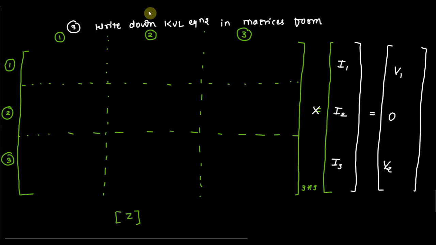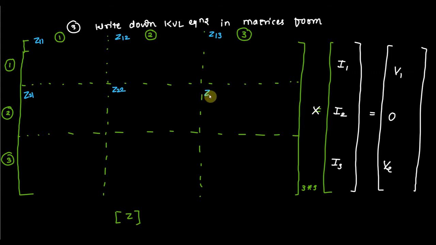Now we have written the current matrix and the voltage matrix. Now our aim is to write down this impedance matrix. I have told you that already. This element is Z11, this element is Z12, this element is Z13. The first index is the row and the second is the column. Similarly, this is Z21, Z22 and Z23.